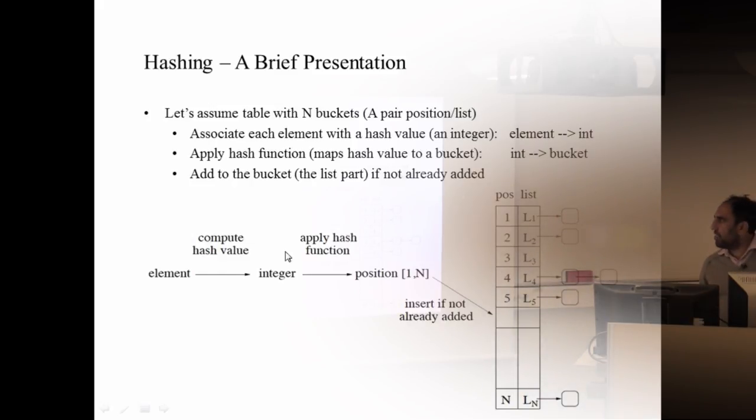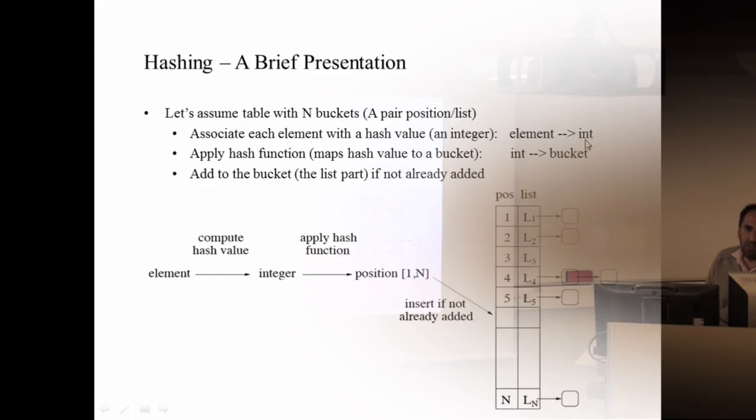The hashing works like this: it takes the value that you want to put in this list and computes a hash code, or hash value, on that value. The hash function returns an integer value, so it maps the element you want to put in the hash set to a hash code.